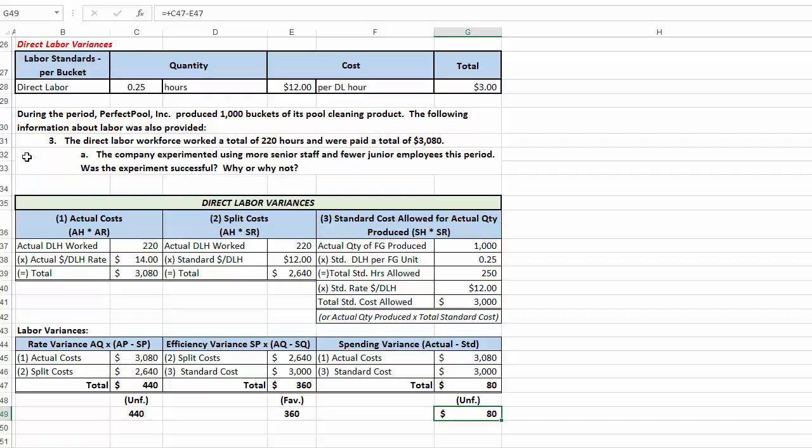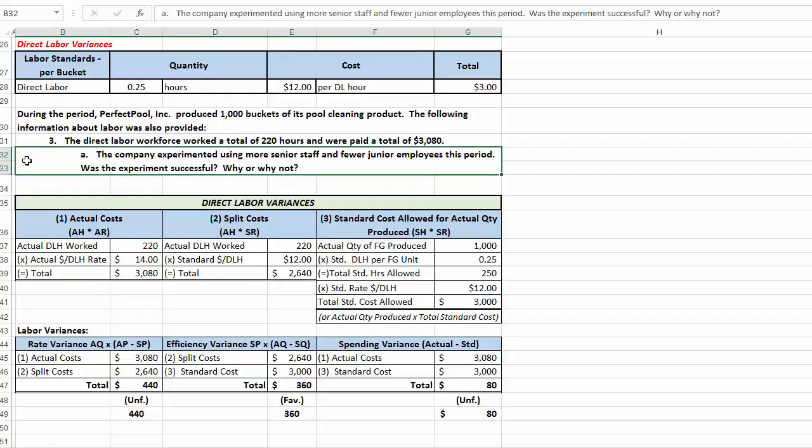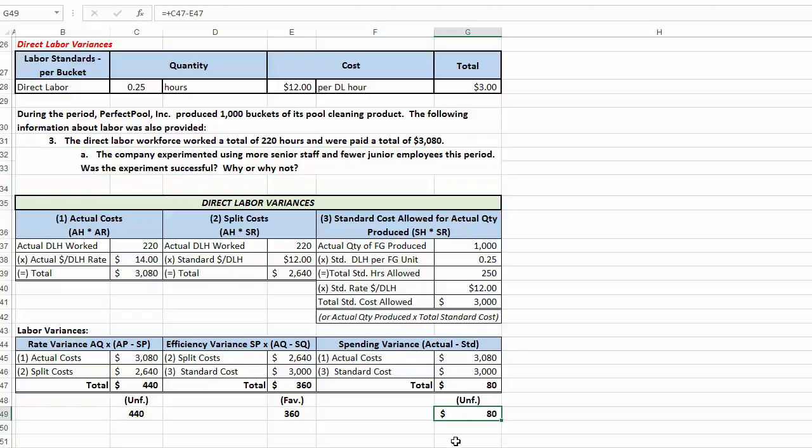We should answer the question that I posed at the beginning of this problem. The company experimented using more senior staff and fewer junior employees this period. Was the experiment successful? Well, not really. Our overall variance was $80 unfavorable. We had an unfavorable rate variance of $440 due to the fact that the senior employees were paid more.